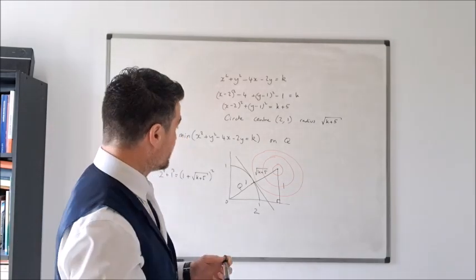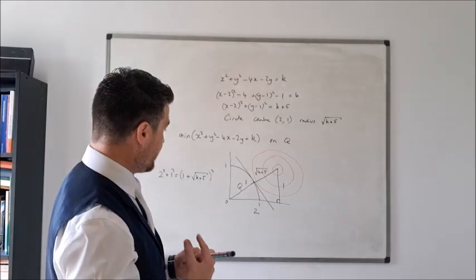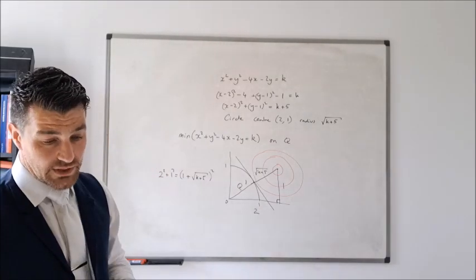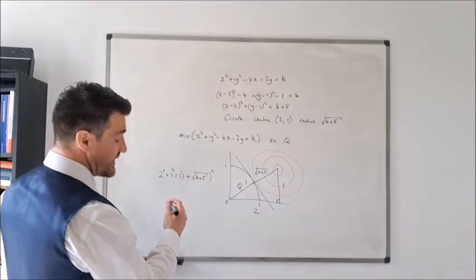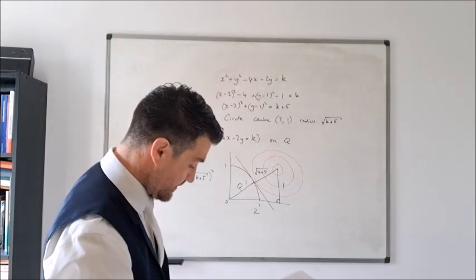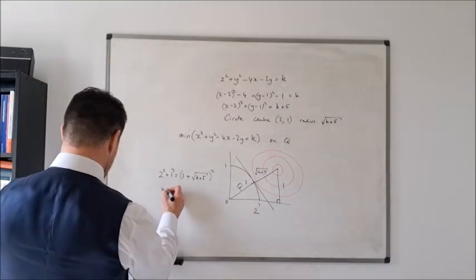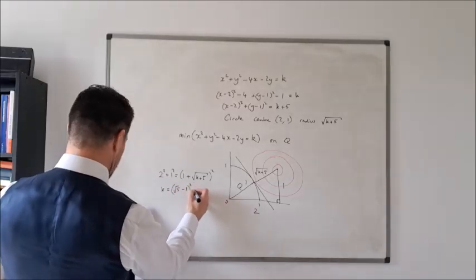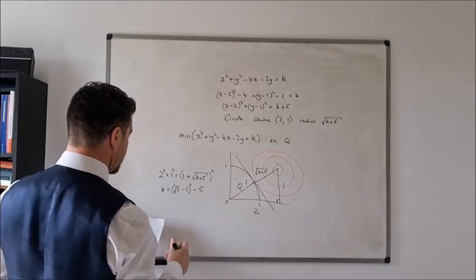So then you just solve this equation, and you'll find that k is equal to the square root of 5 minus 1, squared, minus 5.